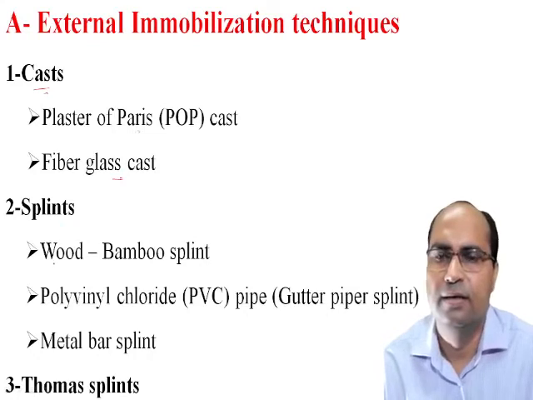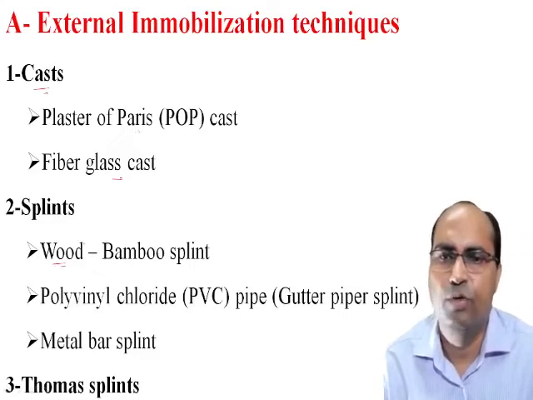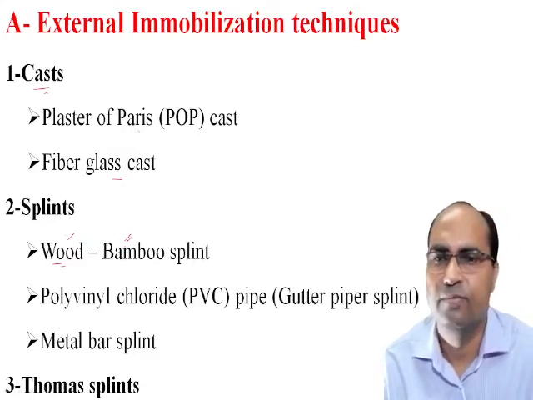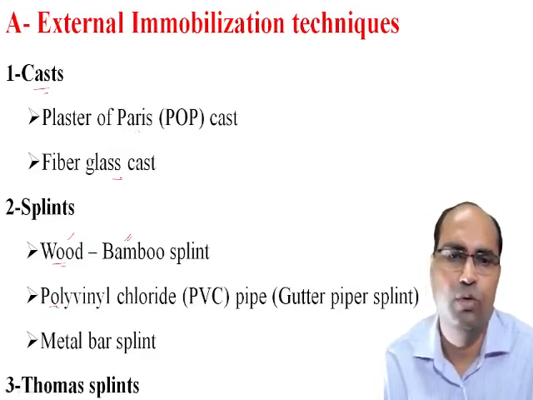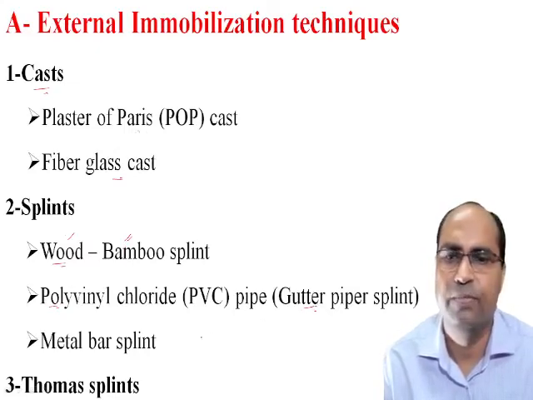Splints are very commonly used in veterinary practice, made up of wood, that is bamboo splints or wooden scale. Second one is polyvinyl chloride PVC pipe or gutter pipe splint, metal bar splints.